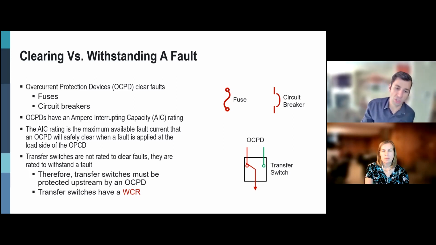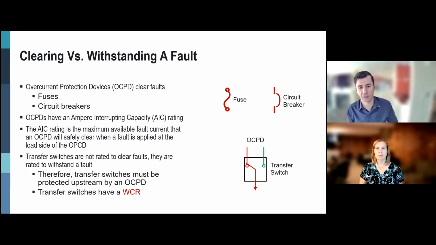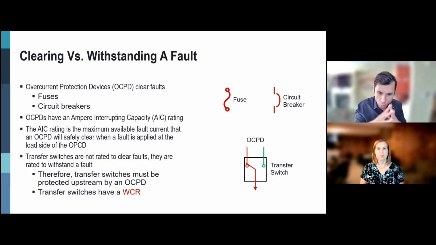We don't want them to shift. If they open up by a little bit, that's when we have catastrophe, right? So the transfer switch contacts must stay closed if there is a fault, unlike a circuit breaker that is intended to open.